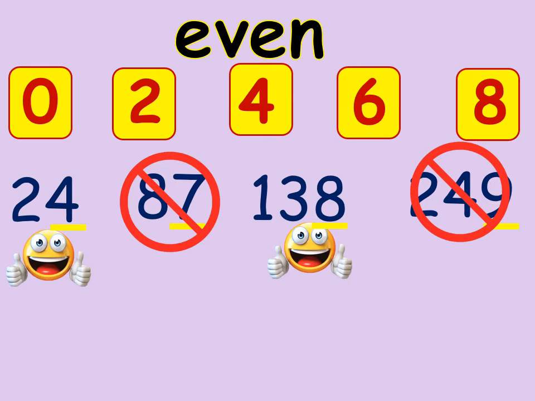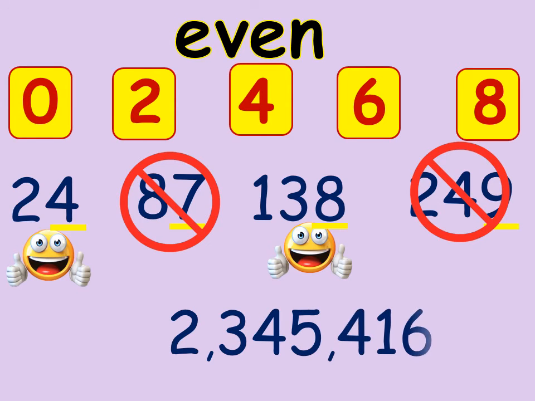What if we have a huge number, a giant number? Look at this number. That number is 2,345,416. That's a huge number. Do you want to skip count all the way to 2,345,416?